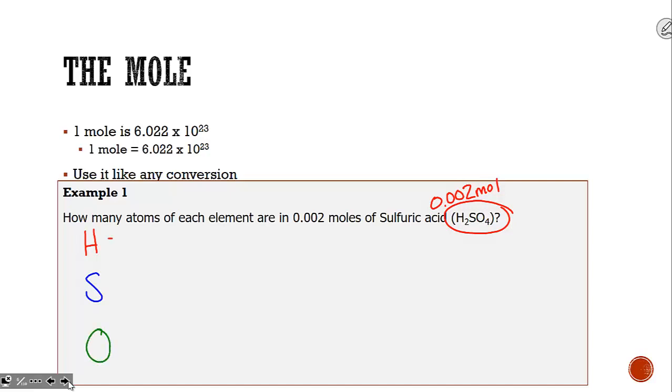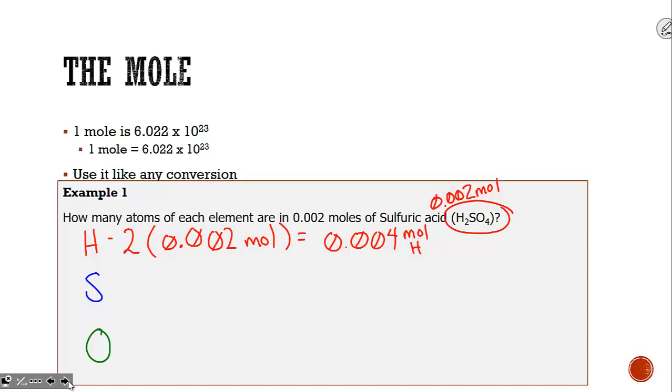Our formula for sulfuric acid has 2 hydrogens in it. So the number of moles would be twice as much, meaning that there are 0.004 moles of hydrogen in our 0.002 mole sample.